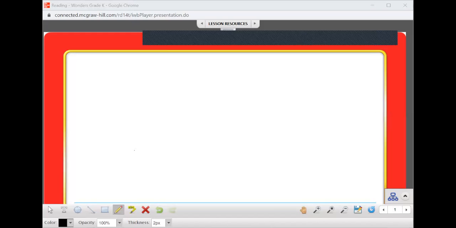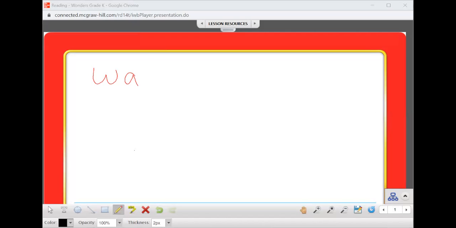Let's look at this word. Let's say it together. Water. We can break the word water into parts, and we can count the parts or the syllables in this word.